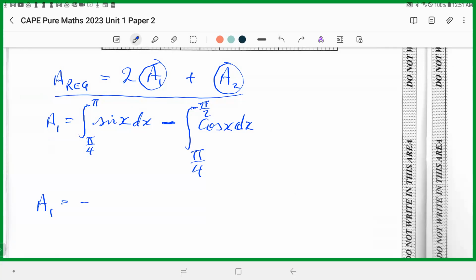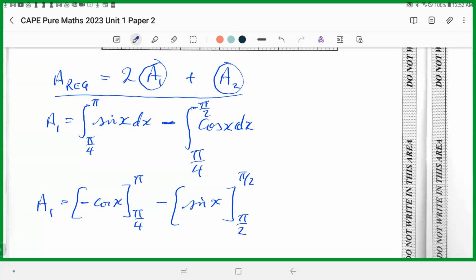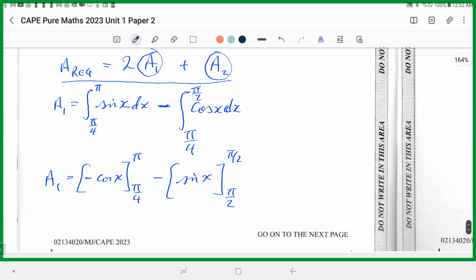So I get minus cos x between pi by 4 and pi, minus the integral of cos, which is sine, because differentiate sine you get cos. You're going to get sine x between pi by 2 and pi by 4. That's what we're working out.